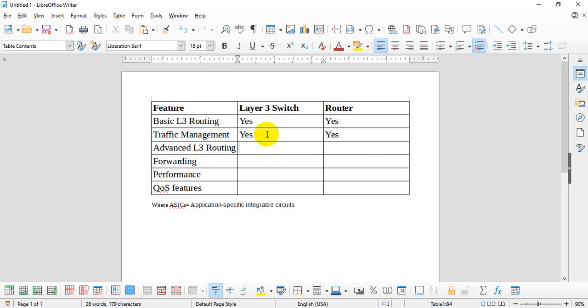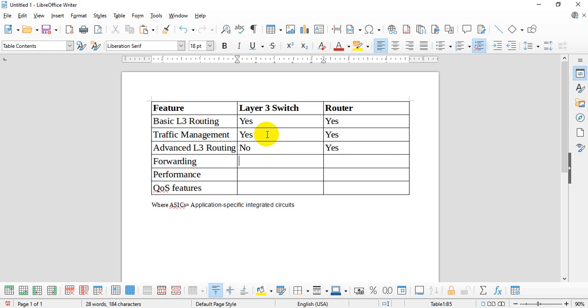Just think about it, and I will give you the answer. L3 switches do not do advanced L3 routing. So only the router does advanced L3 routing. So here I will include no for L3 switches and yes for the router.